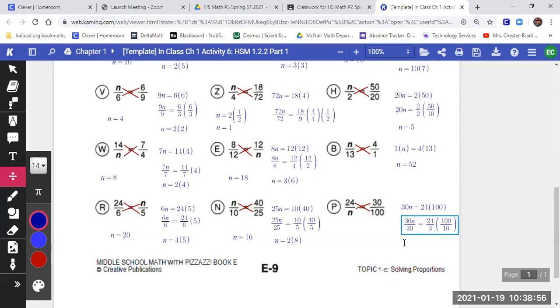Like that? Okay. So what is a 24 divided by 3 going to get us? 8. What's 100 divided by 10 going to get us? 10. So our overall answer says n equals what? 80.